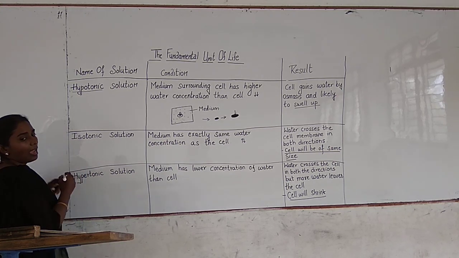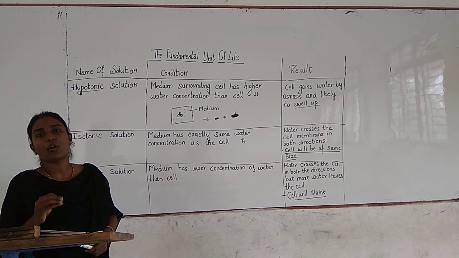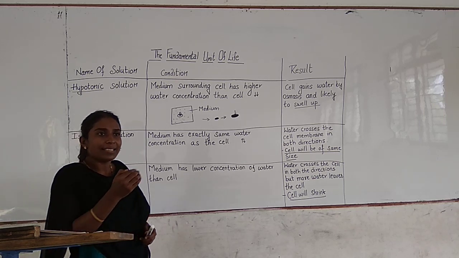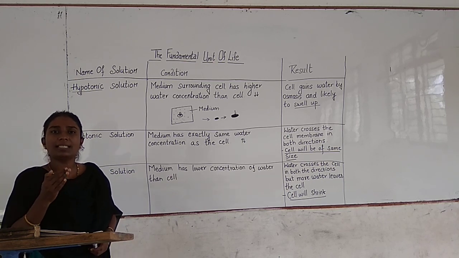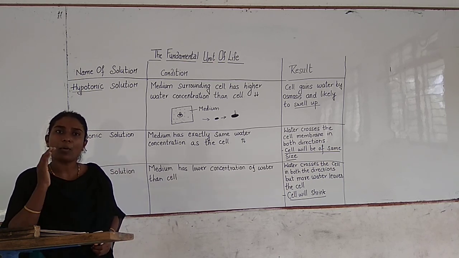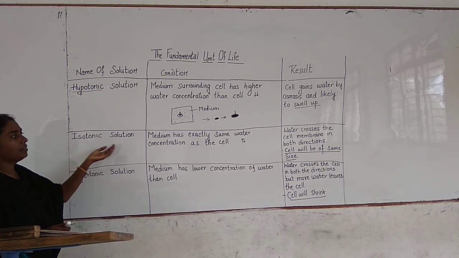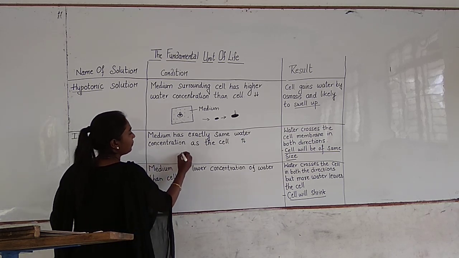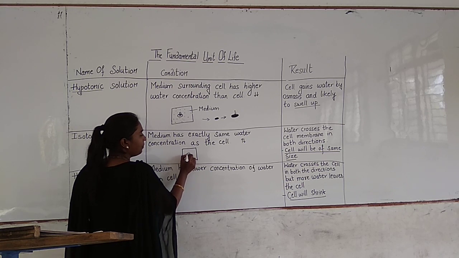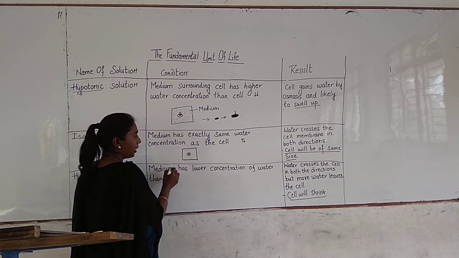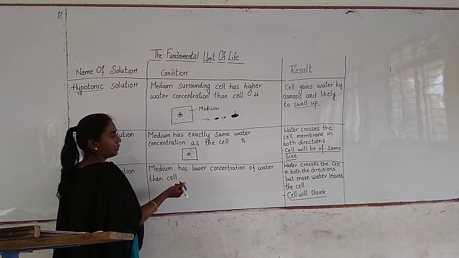The next one is isotonic solution. If the medium has exactly the same water concentration, the same amount of water is going out as is coming in. It is called an isotonic solution. In a medium, a cell is placed, which has a water concentration that can be mixed with sugar or salt.